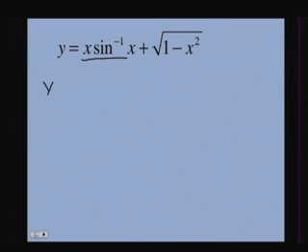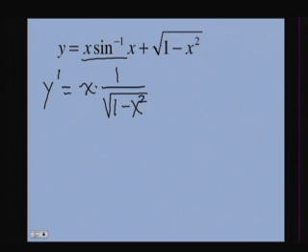So y prime will be equal to x times the derivative of the inverse sine, which we just learned is 1 over the square root of 1 minus x squared. Then we have to add the second function, sine inverse of x, times the derivative of the first function, but the derivative of x is just 1.